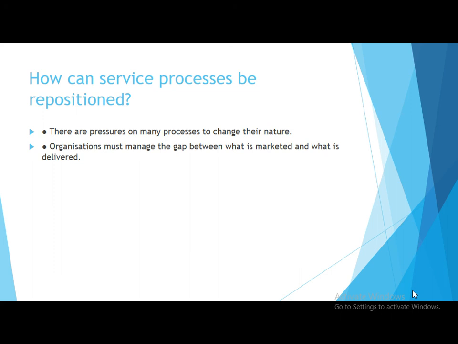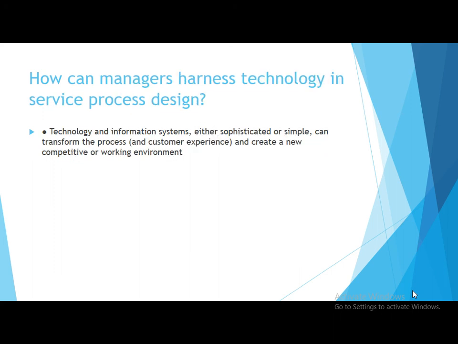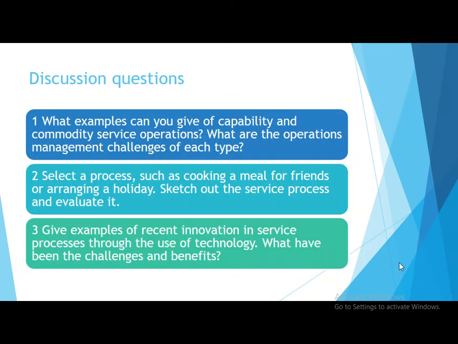Organizations must manage the gap between what is marketed and what is delivered. How can managers harness technology in service process design? Technology and information systems, either sophisticated or simple, can transform the process and create a new competitive or working environment.